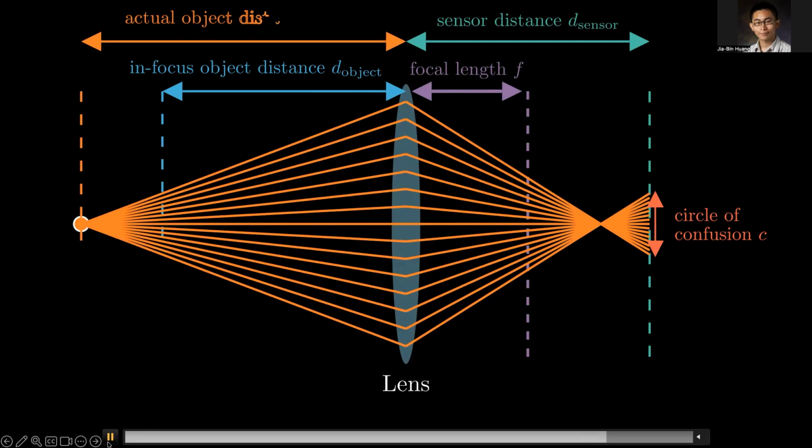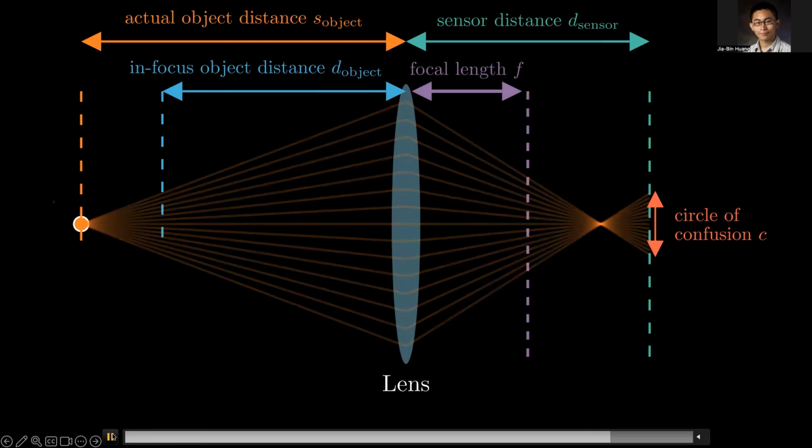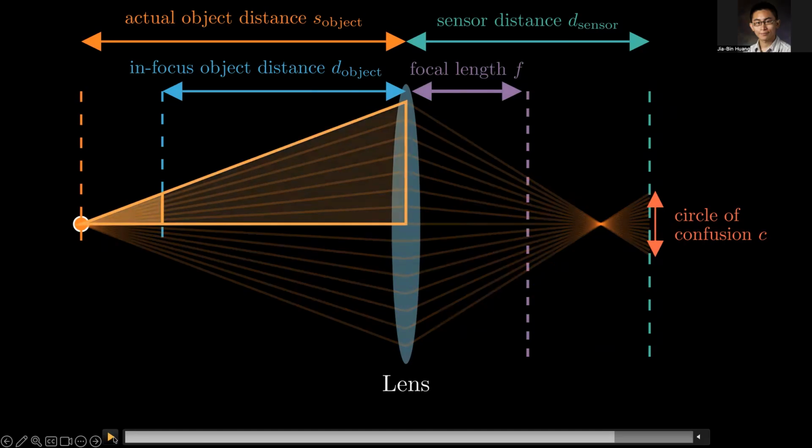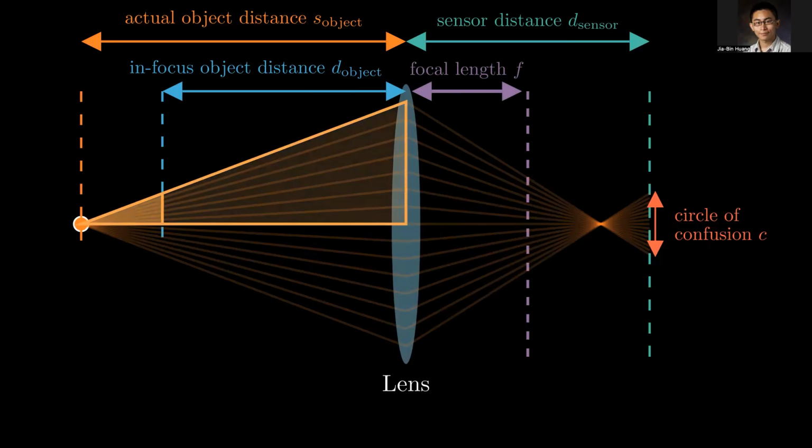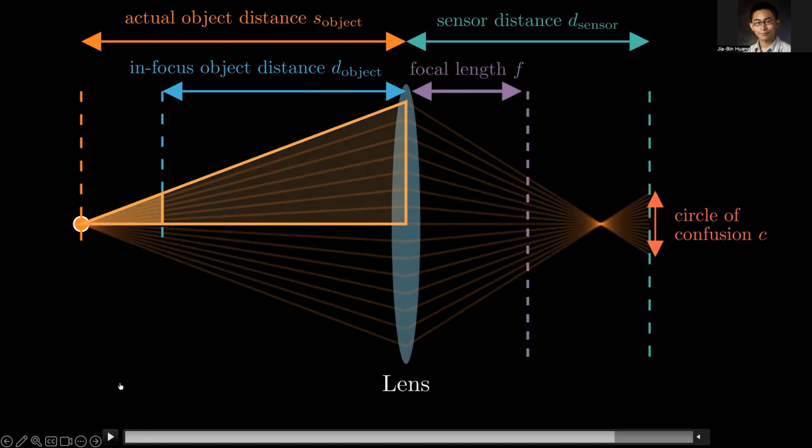All right, so what does that look like? The first thing is that you have this distance, which is called the actual object distance. Let's call this S object. Again, we apply the similar triangle trick. This triangle is similar to this triangle.